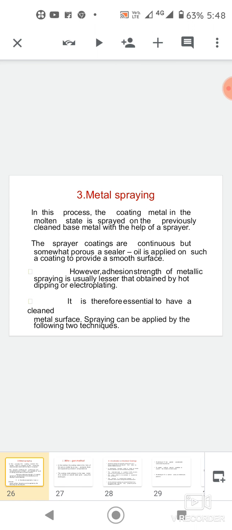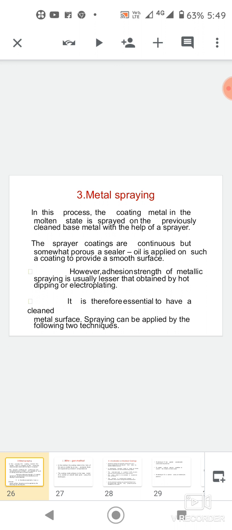Next one is metal spraying. Metal spraying is a process in which the coating metal in the molten state is sprayed on the previously cleaned base metal with the help of a sprayer. The sprayed coatings are continuous but somewhat porous.